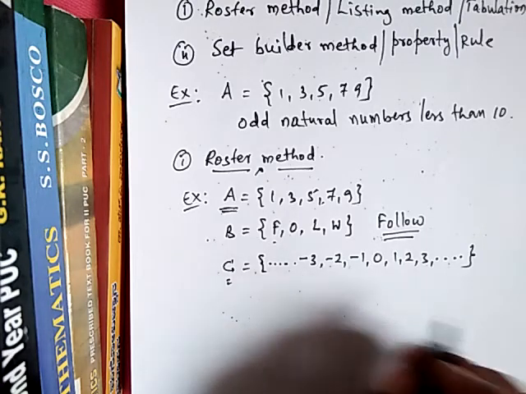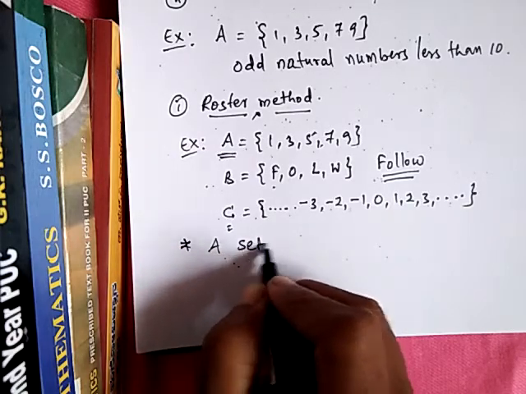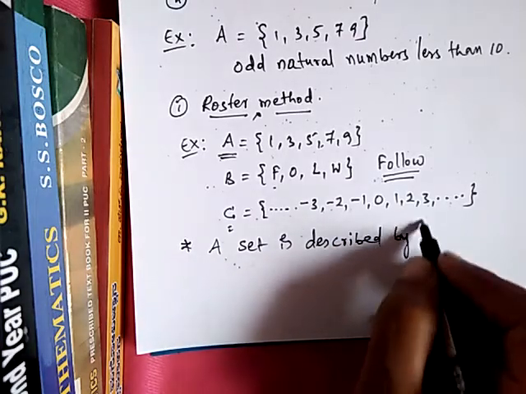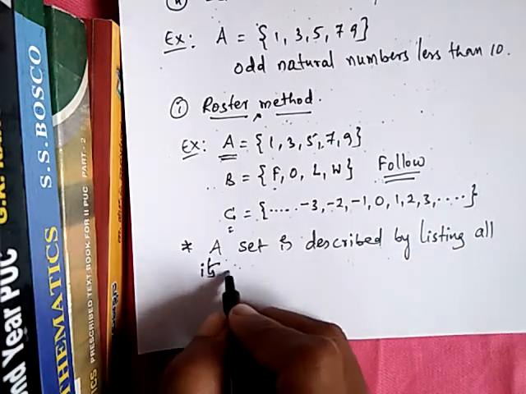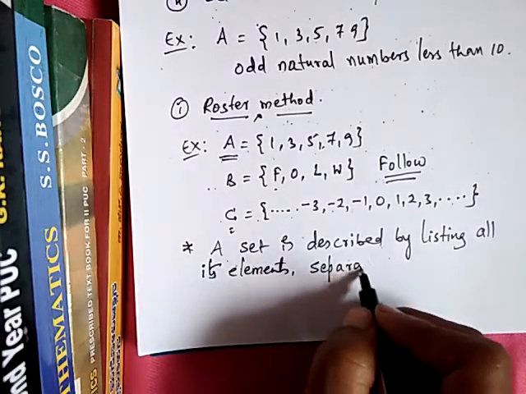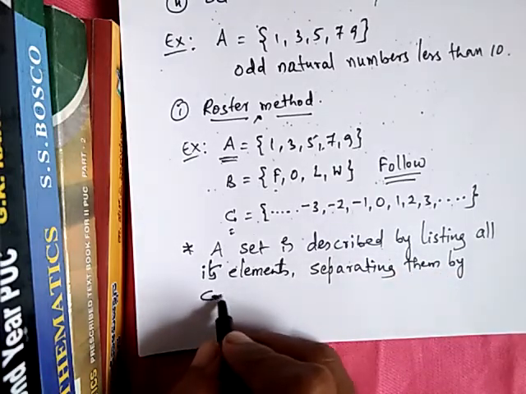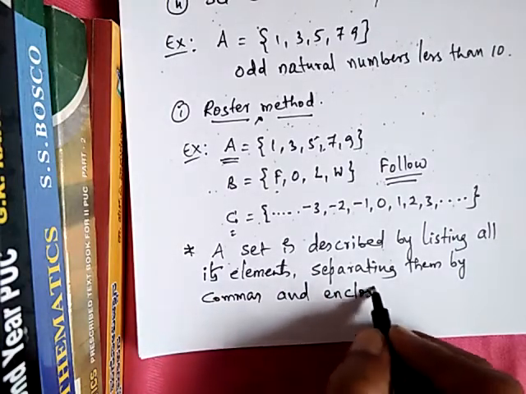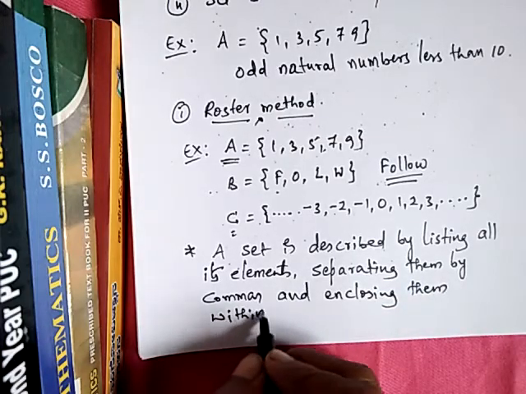So in the roster method you can write like this. In this method a set is described by listing all its elements, separating them by commas and enclosing them within braces.